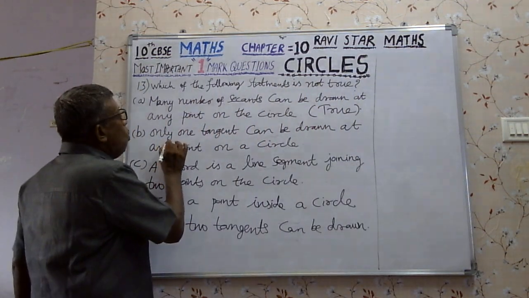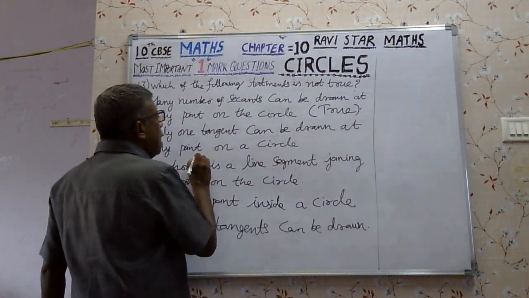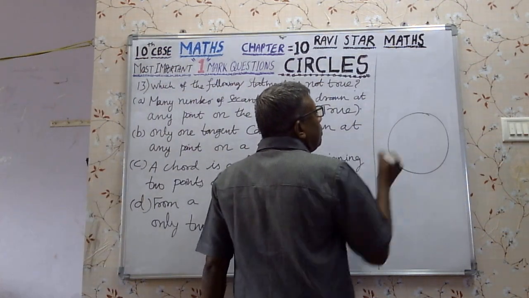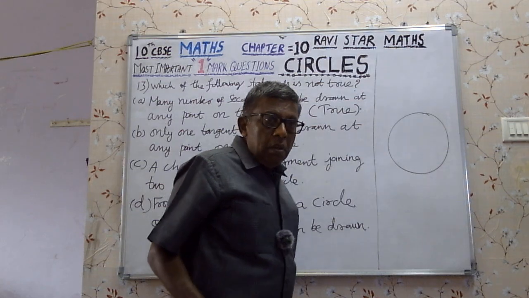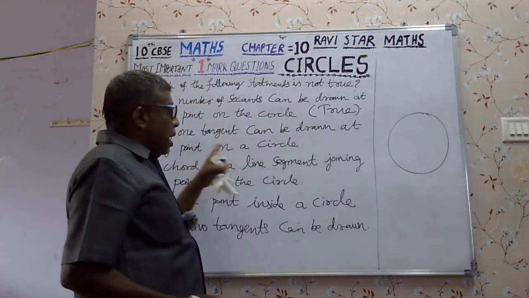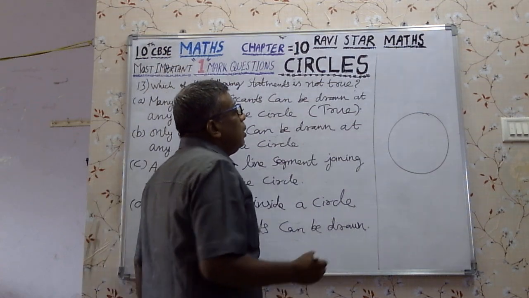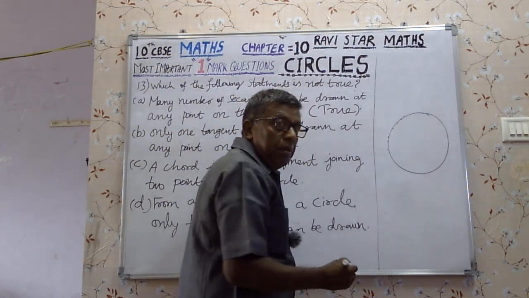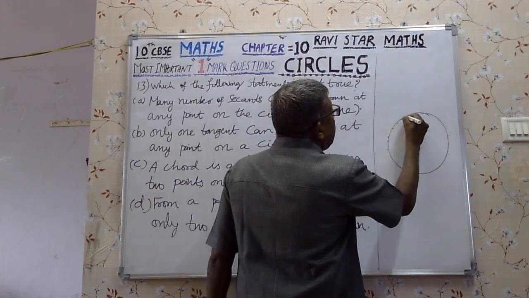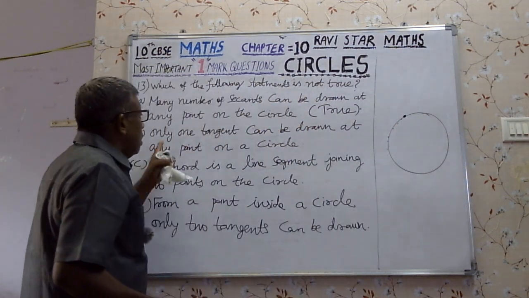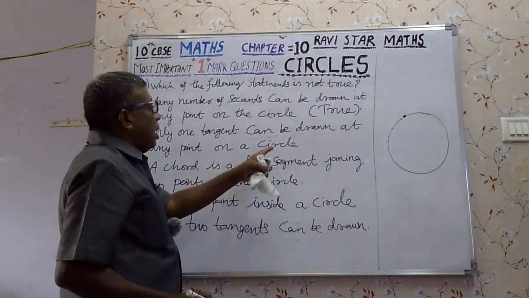Option B. Only one tangent can be drawn at any point on a circle. Now I am drawing one circle. On a circle, there are so many points. We will take one point.